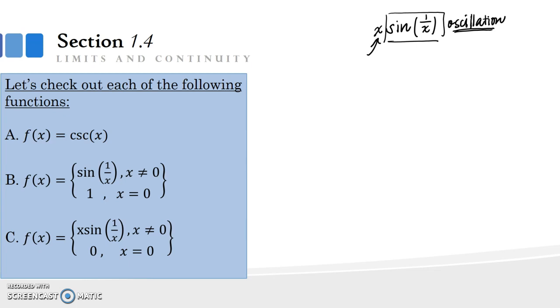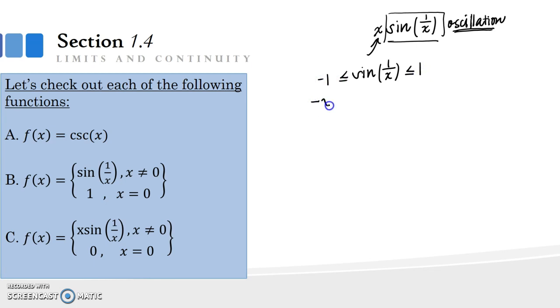Recall that with the Squeeze Theorem, if I talk about the function sine of 1 over x, the oscillatory function, because it's a sine value and there's no change in amplitude, this function always exists between the values of -1 and 1.